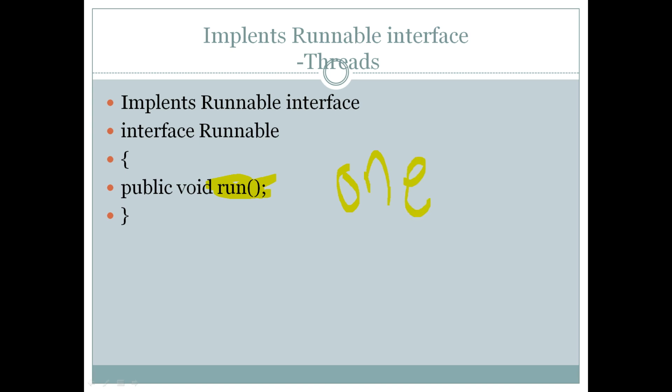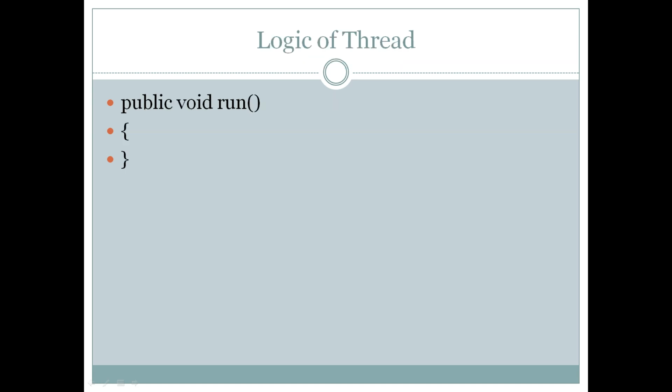But how can we invoke the run method? In the earlier approach, to invoke run we used the start method, which is already there in the Thread class. But in Runnable only the run method is there. How can we call start? That will continue in the next part.